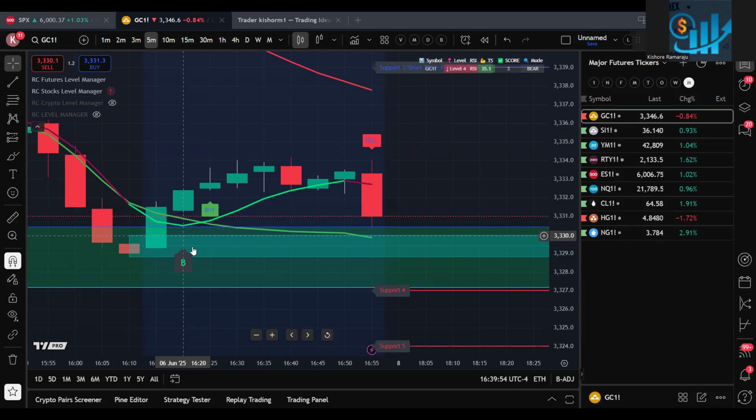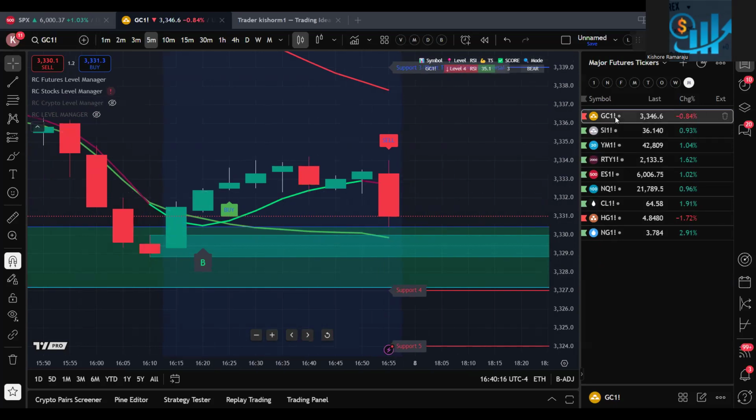Suddenly you see a buy signal, you tend to go long. But when you take time to prepare yourself, you understand that oh, GC is very bearish, copper is bearish. So even though you see a buy signal, because you kept some time there, you will not take a long trade by mistake also. Because in your mind you registered that GC, copper are very bearish, whereas others are bullish.